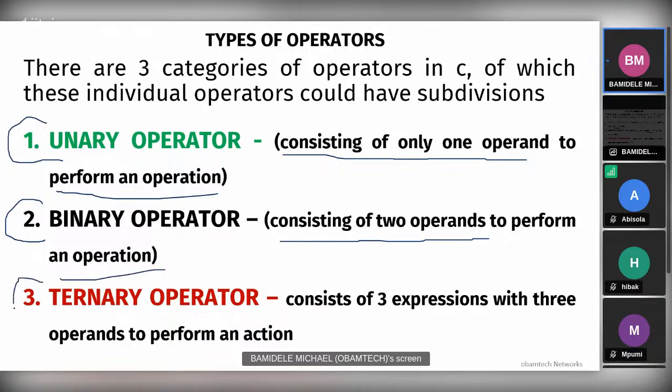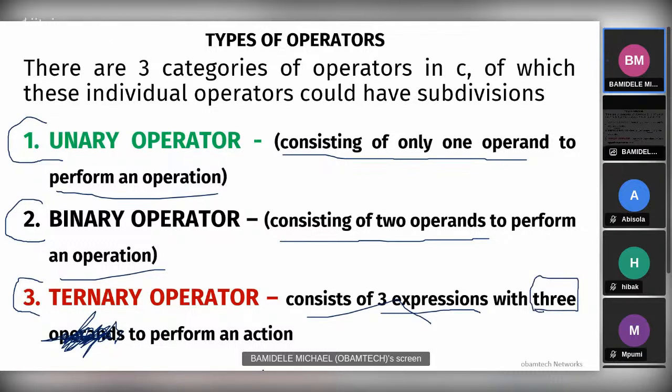And then we have the ternary operator. This one consists of three expressions, with three operands. It is not even just operands, because an operand is what the effect of the operation is going to affect. So the ternary operator consists of majorly three expressions, and the operands could be more than one.